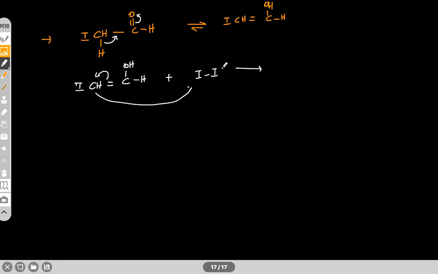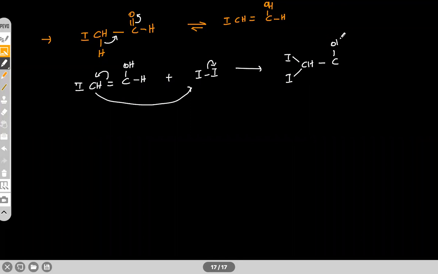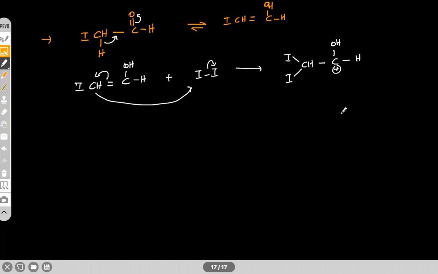This attacks onto this, iodine goes out, and finally we get ICH, ICOH, positive charge and H, and then it converts into CH2, C double bond OH and H plus. This is what we get.